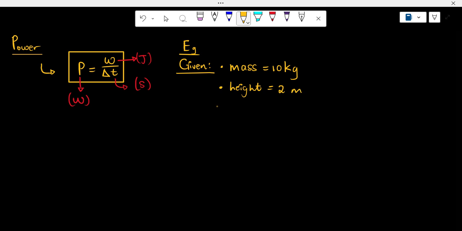So 2 meters, right? And also they give us the time and they say this is equivalent to 3 seconds. And then the question says to us, calculate the power.